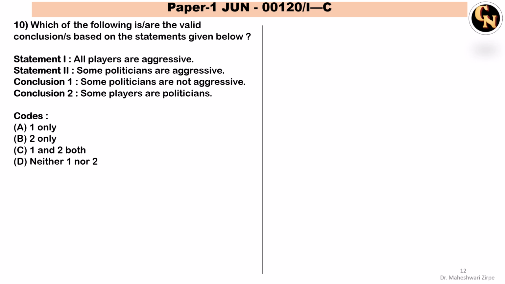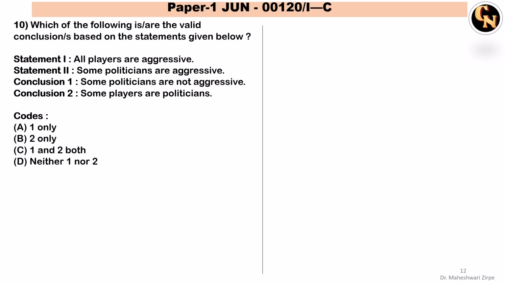Which of the following is or are valid conclusions based on the statements given below? The statements are: all players are aggressive and some politicians are aggressive. Now if you see statement 1 and statement 2, both are not correlated, because they are saying all players are aggressive, some politicians are aggressive. Then what is the conclusion?